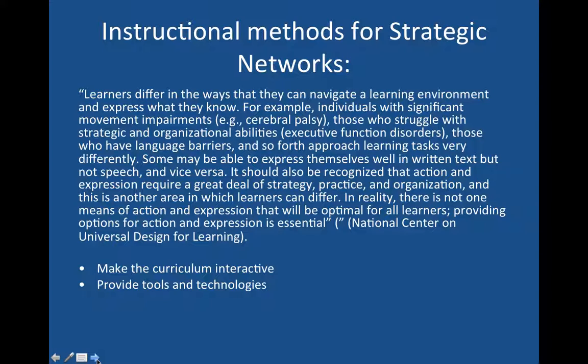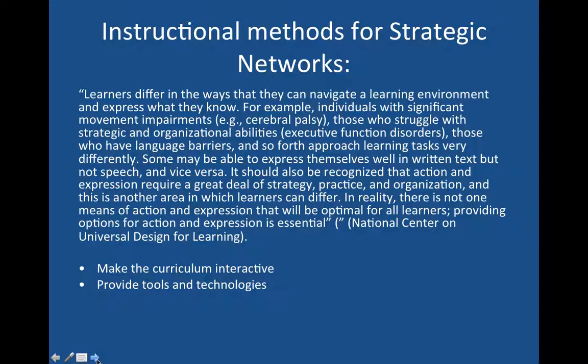And finally, the third neural network, the strategic network, this pertains to instructional methods. So learners differ in ways that they can navigate a learning environment and express what they know. So, sometimes people have disabilities like cerebral palsy, or other strategic and organizational abilities, and so they go about learning very differently.